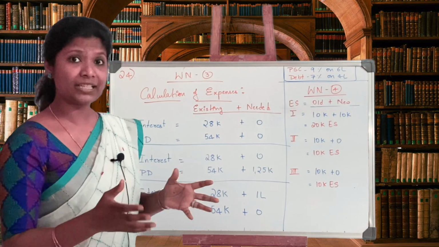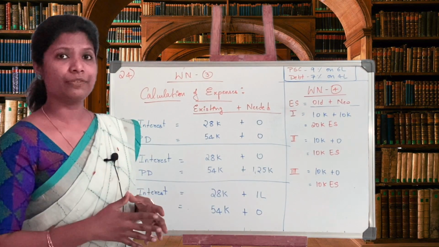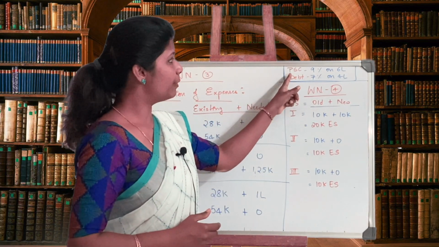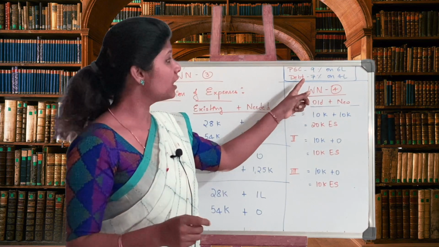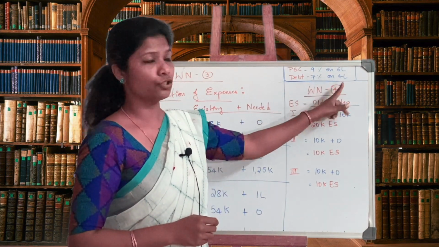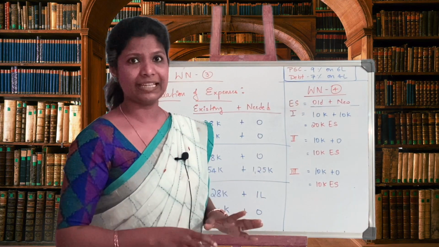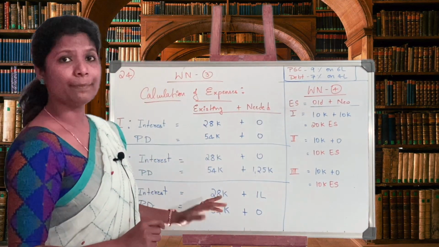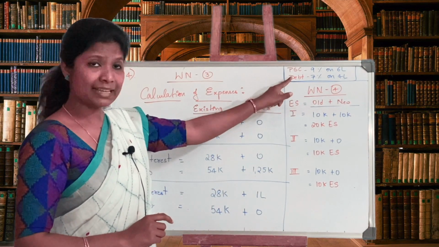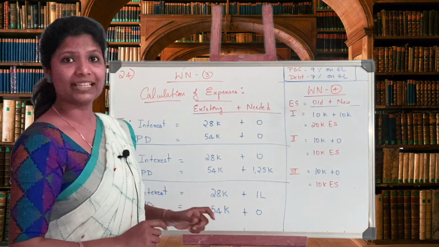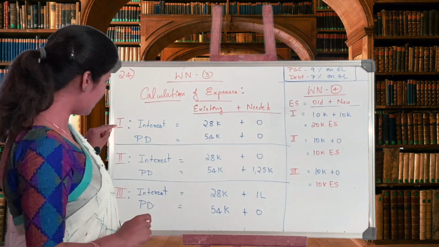Now let's see first existing plan, how much of preference we have and how much of debenture. I have given a note here, preference share capital, this is existing, 9% on 6 lakh, debenture is 7% on 4 lakh. This is the existing capital that will remain common for each of the plans. Existing expenditure will remain common for each of the existing capital or existing plans.